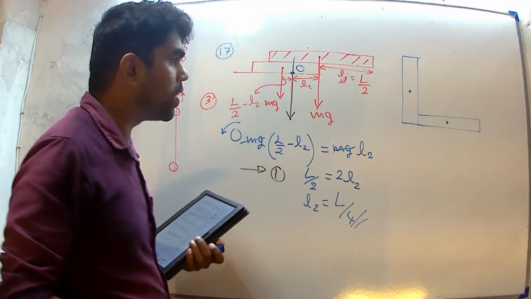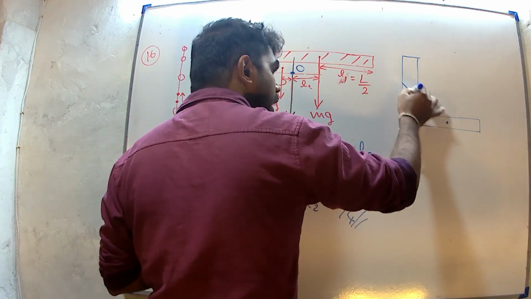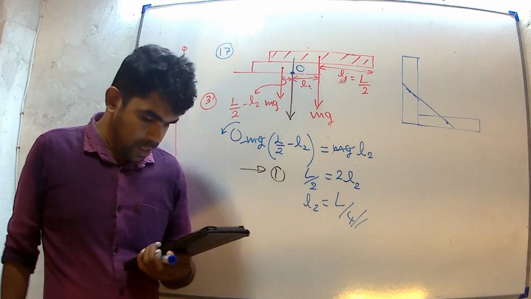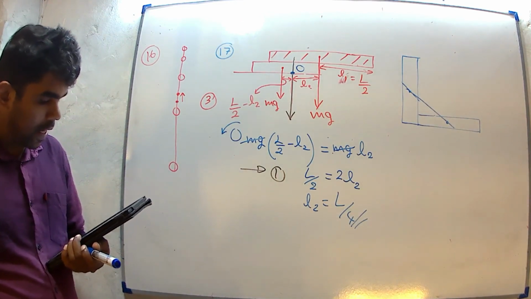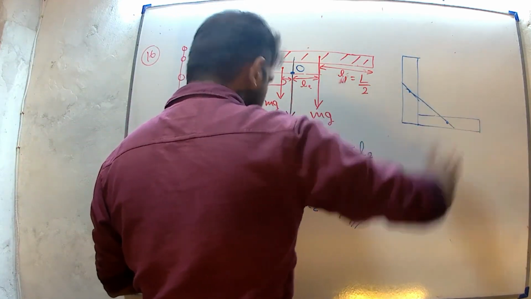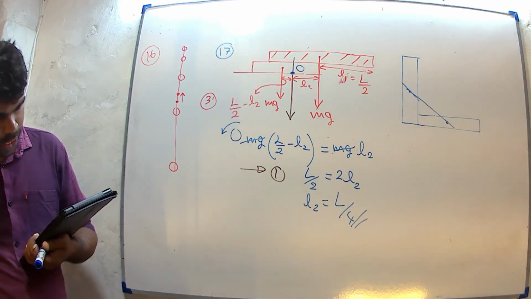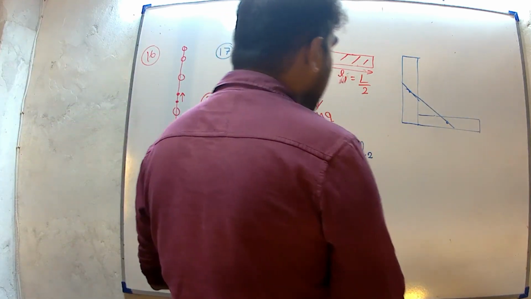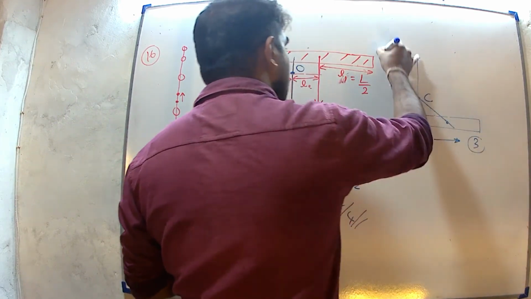Then the center of gravity of the system should be on this straight line. And when comparing lengths, the vertical length is greater than the horizontal length. Therefore, the corresponding point for the center of gravity should be like C. Then the answer is 3 for question number 18.